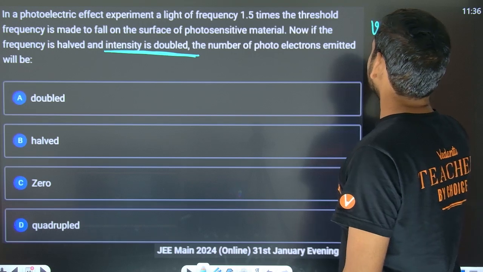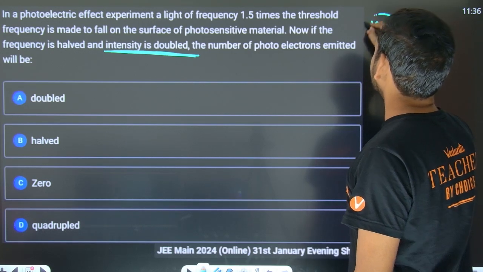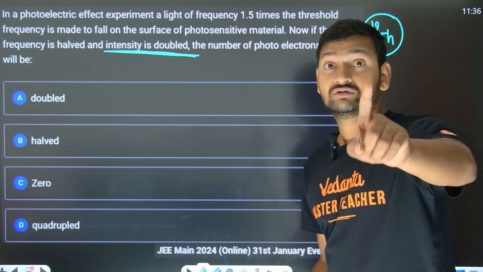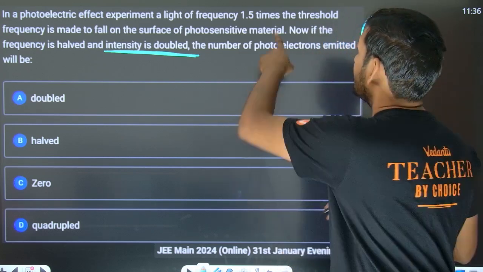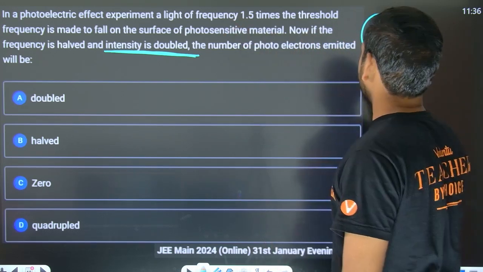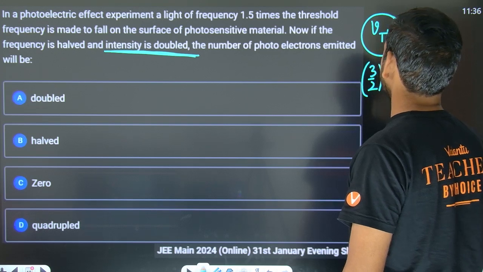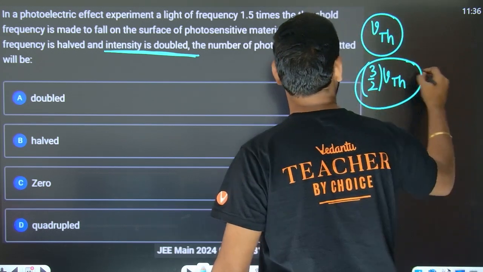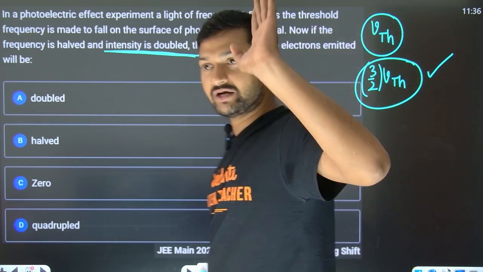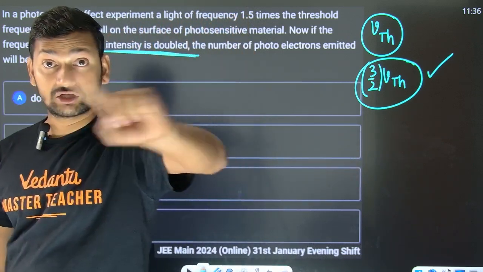The minimum frequency for which photoelectric effect takes place is the threshold frequency. Now, if the frequency you are throwing is 1.5 times the threshold frequency, will photoelectric effect take place? Yes, definitely photoelectric effect will take place. No doubt in that.